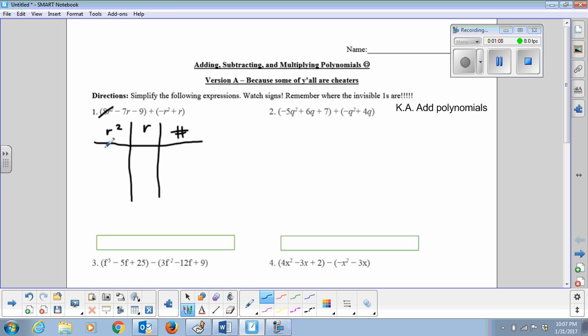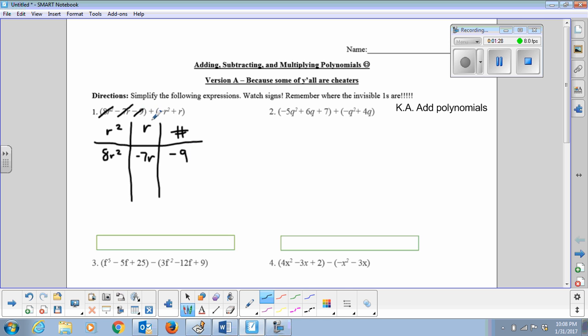So 8r squared, that goes in my first group. Then I have negative 7r. So be careful with your signs. Some of y'all switched them or did weird things and just didn't write them. 9 is also negative, so that goes in my number.